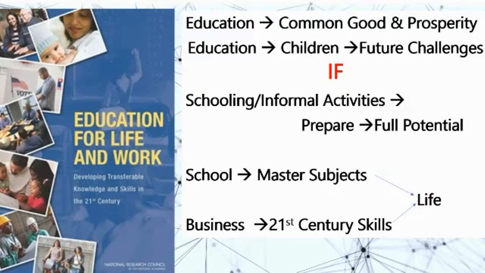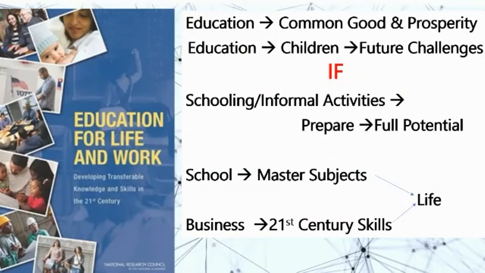And then it goes into some of the situations that we find ourselves in today. If all of the schooling and informal activities prepare students to meet their full potential. Okay, again, not a problem. This is where the split is.